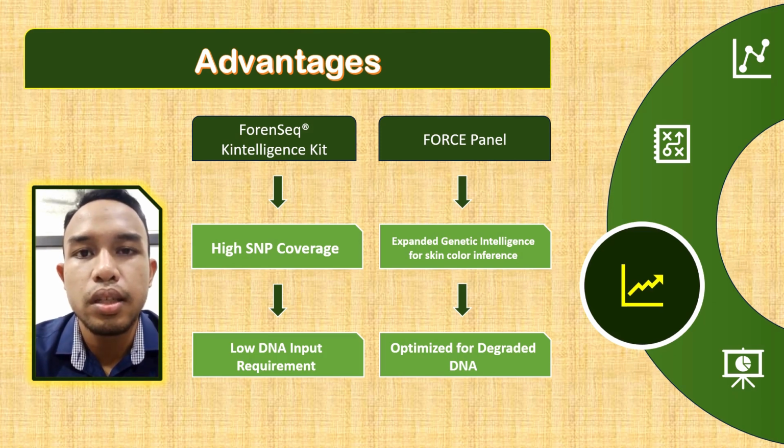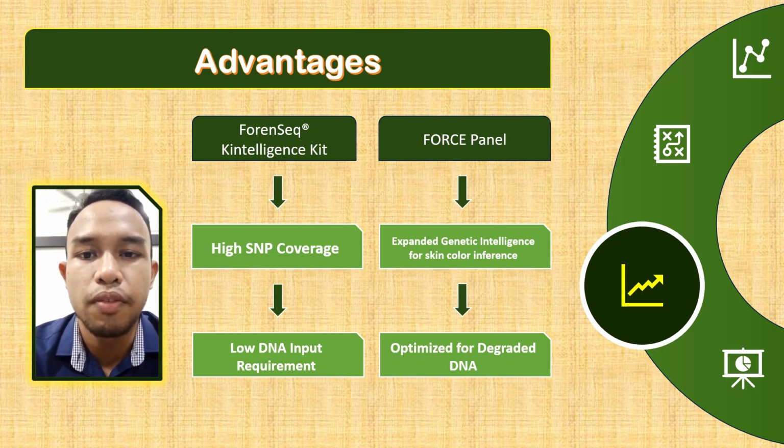The Kintelligence kit offers exceptional SNP coverage, targeting over 10,000 genetic markers. This extensive panel provides vast capabilities for identification, kinship analysis, and importantly, investigative genetic genealogy, making it invaluable for solving complex cases.